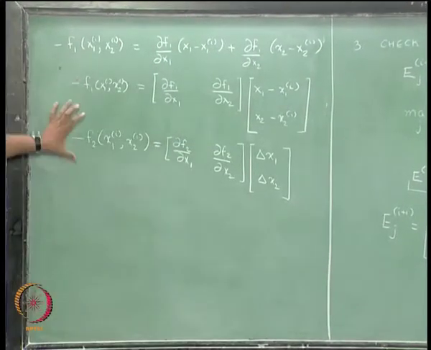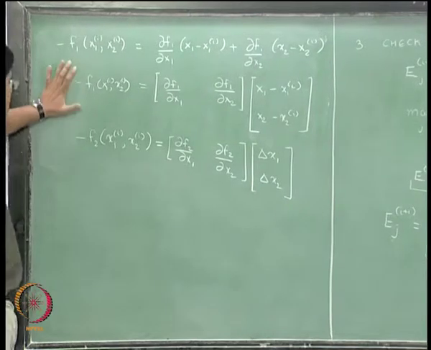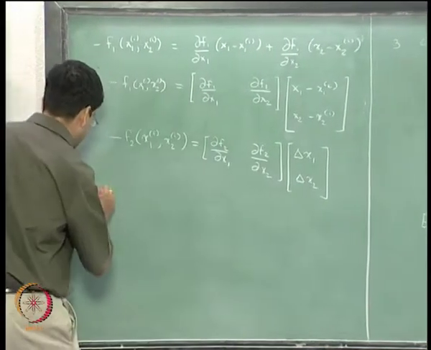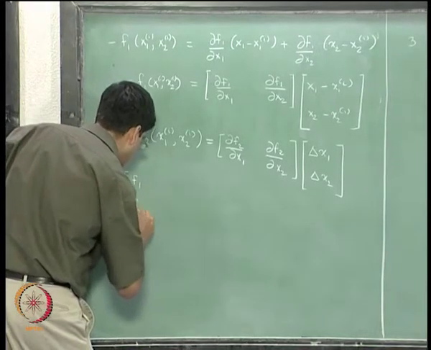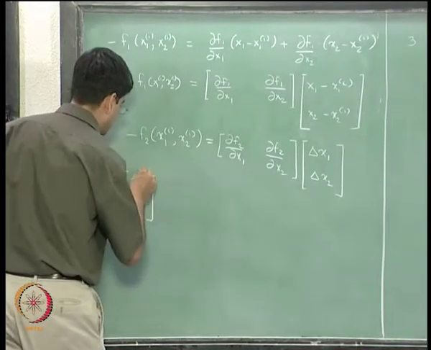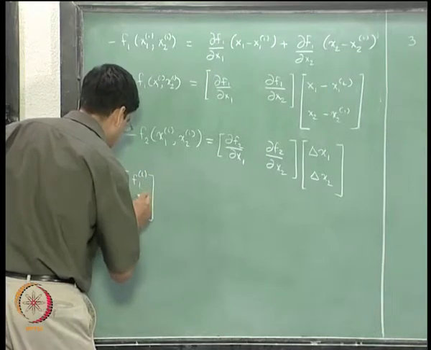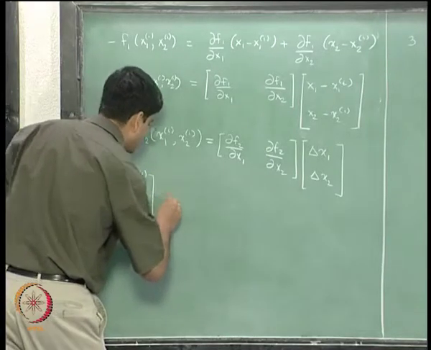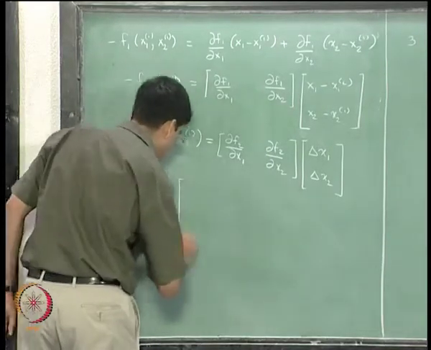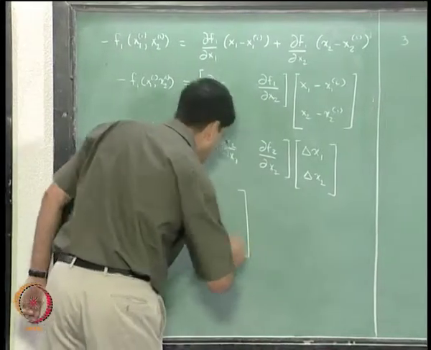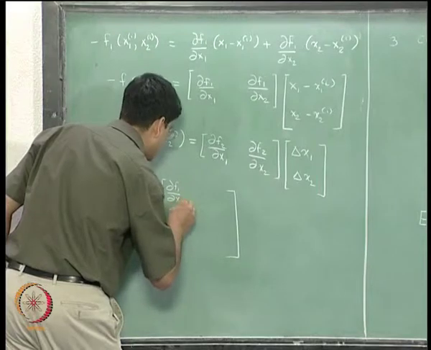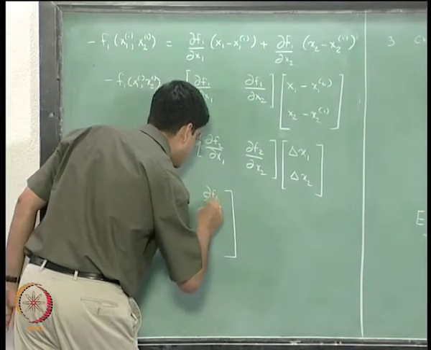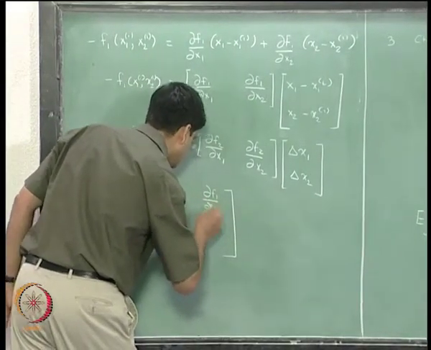Okay. So these are going to be 2 equations which we can then combine together to write this as minus f1 and f2, and again I am being lazy and writing the shorthand notation over here, is going to be equal to partial f1 by partial x1, partial f1 by partial x2.